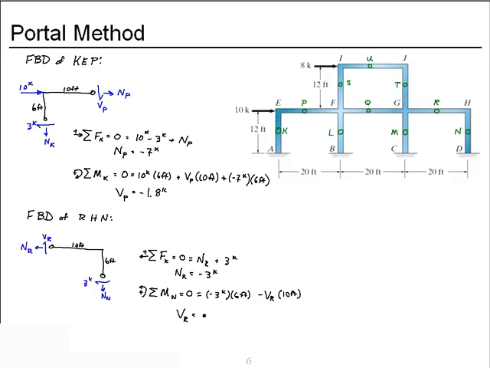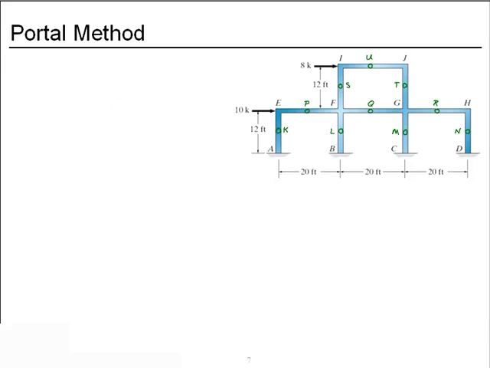So VR is minus 1.8 kips. Now we're ready to move deeper into the structure. So let's move to this piece.